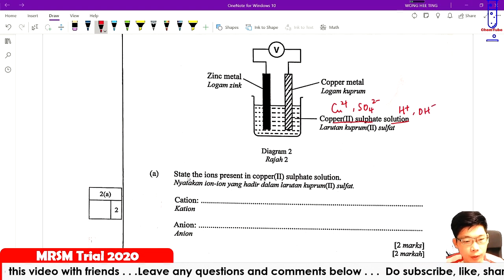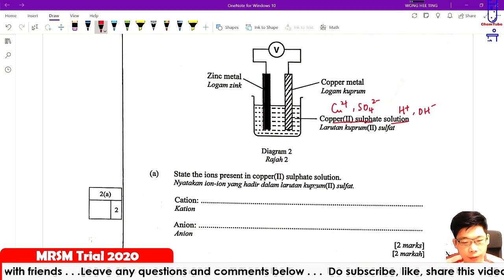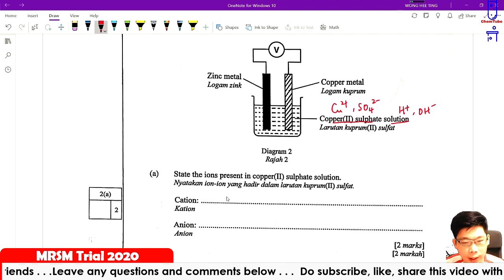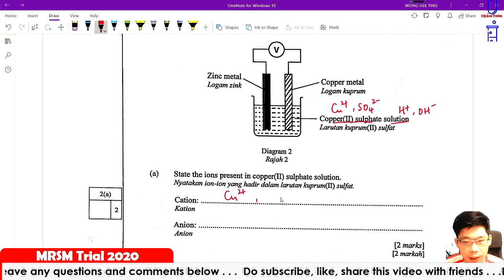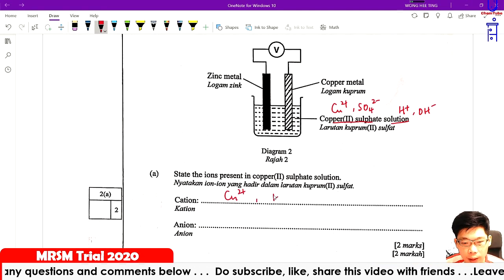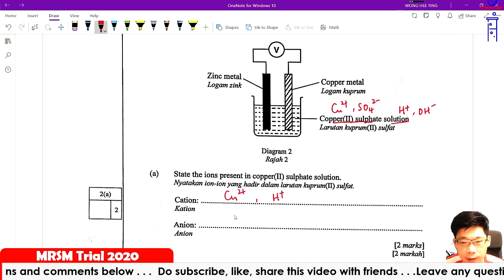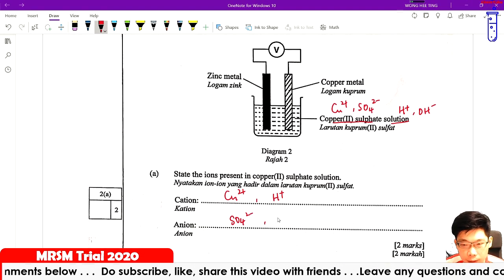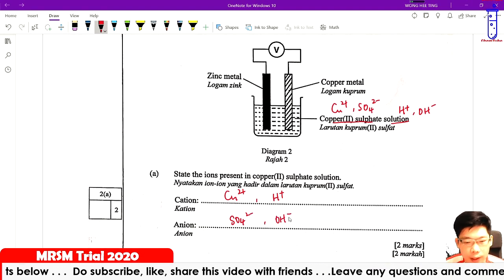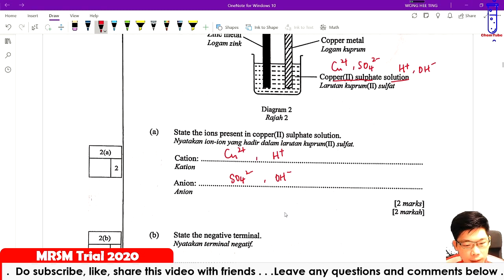So cations or positive ions would be copper and hydrogen ions. For the anions, the negative ions, it will be sulfate ions and hydroxide ions. So 2 marks.